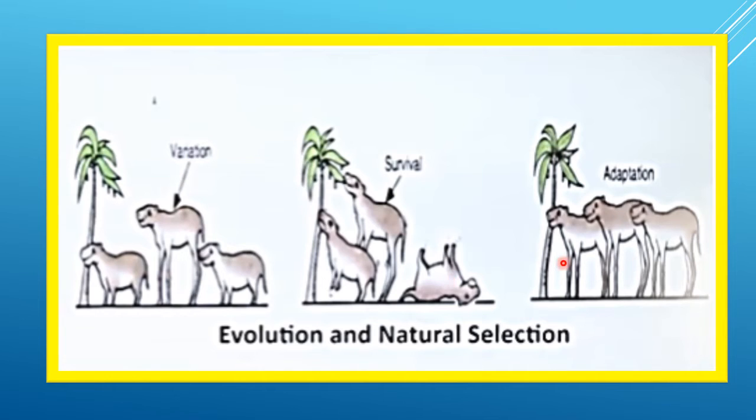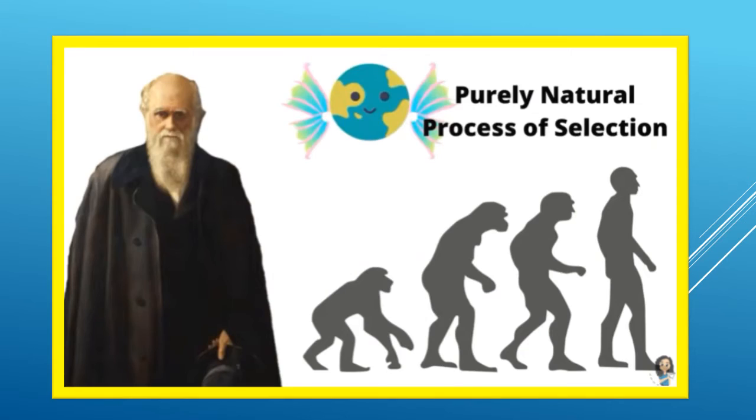It means the idea that species change over time and give rise to new species, and they all share a common ancestor. That is what Charles Darwin wanted to tell us, that we have evolved from the monkeys, and you can see the stages of evolvement, and it has happened purely in a natural form.